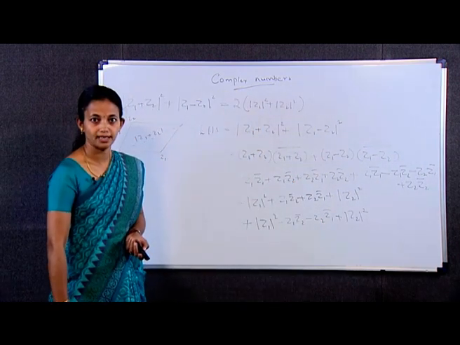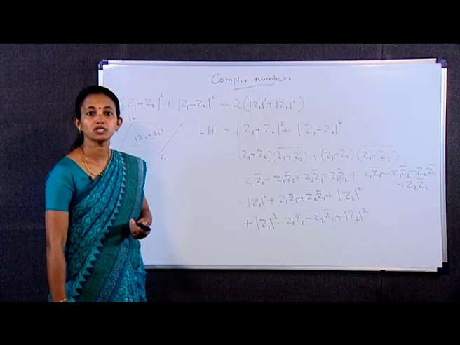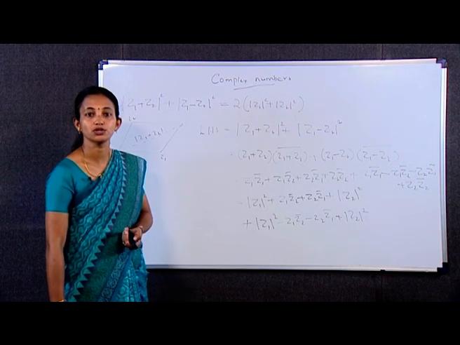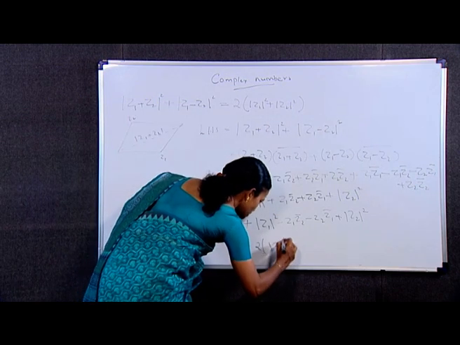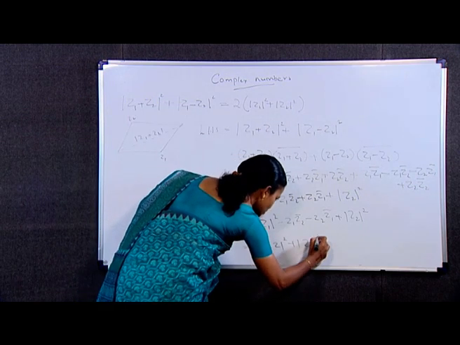This I can write as, which is equal to, 2 times mod Z1 square plus mod Z2 square.